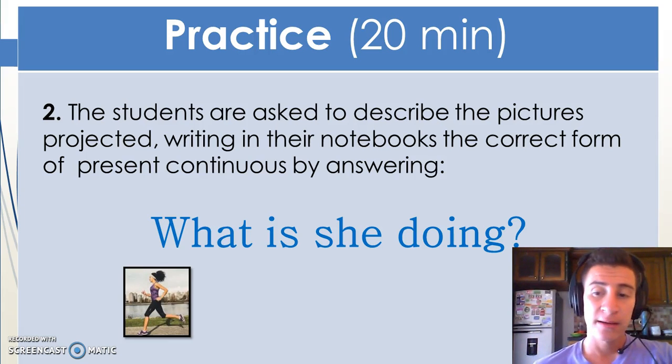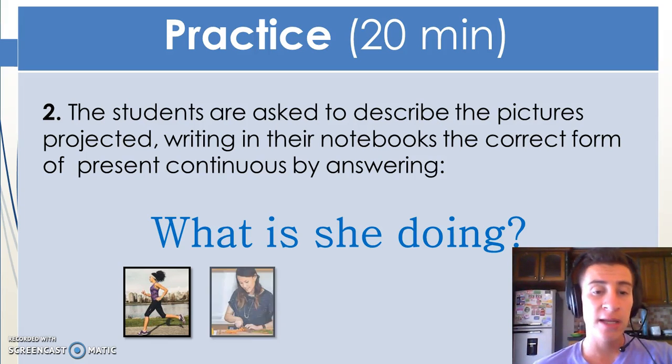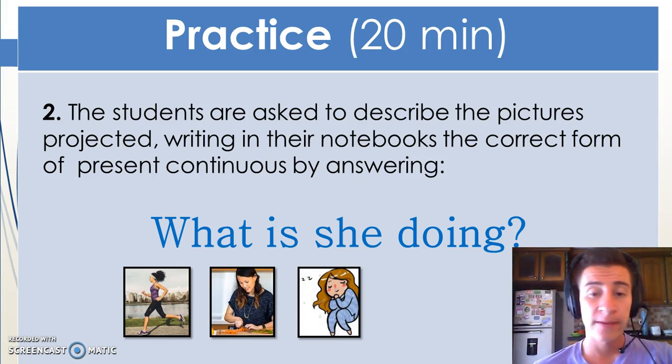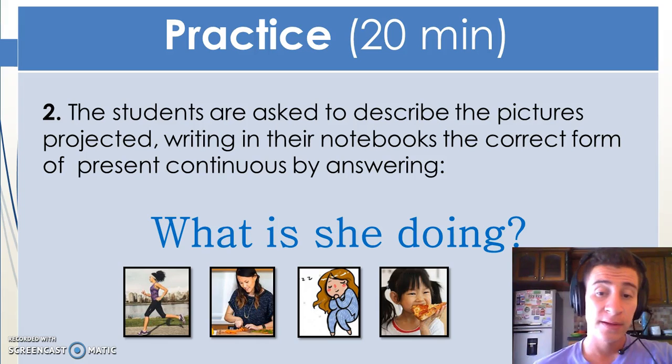As you can see, the projection takes place on the board through the video beam, and we have this image, which is a girl running, and the student is supposed to write down in his or her notebook: she's running, she's cooking, she's sleeping, she is eating, and so on.